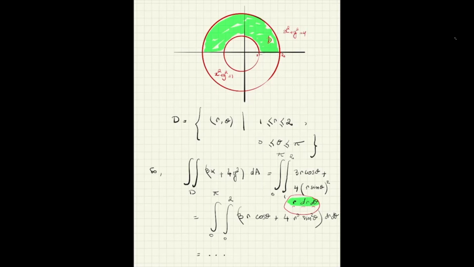You do it, it's very straightforward, except for this one maybe. You have to use the formula cos 2 theta is equal to cos squared minus sin squared, which is 1 minus 2 sin squared.